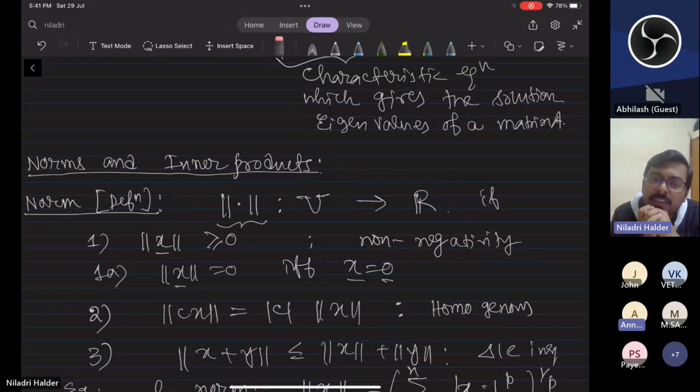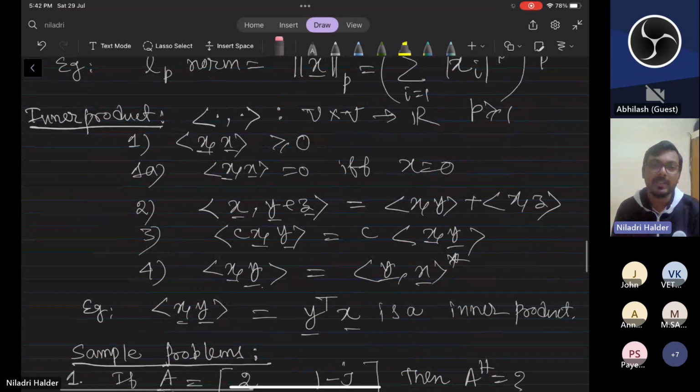In general, the norm and inner product are defined from a vector space to a field such that these three conditions are satisfied. Then we can call it a norm. So it can be any field, but for this course we can take the real numbers as the field.